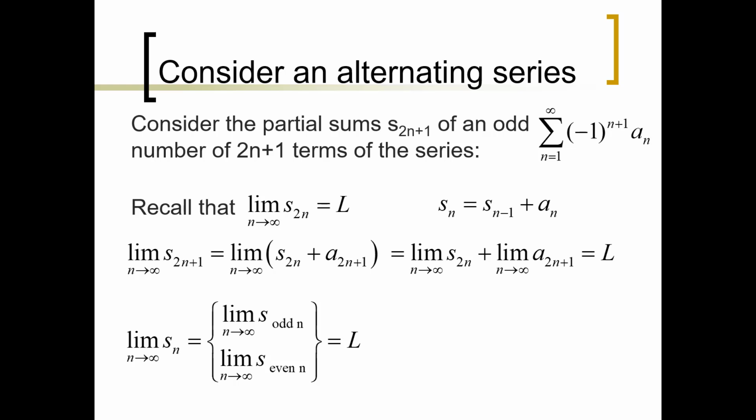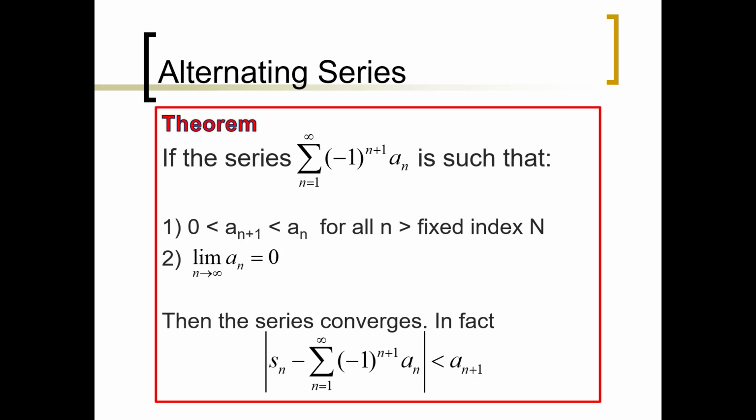Well, the index is either odd or it's even. In either case, though, that limit is L. That shows then that the sequence of partial sums for the alternating series will converge. So since the sequence of partial sums converges, the alternating series converges.